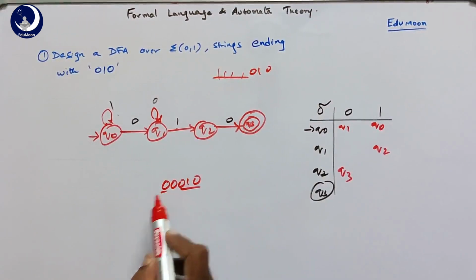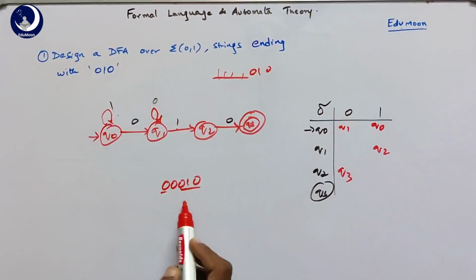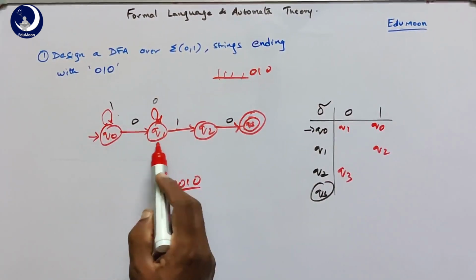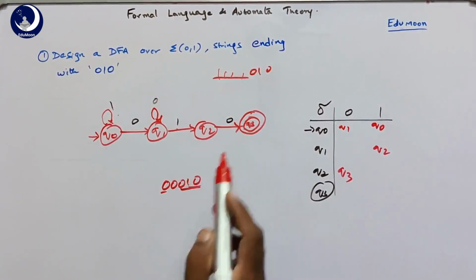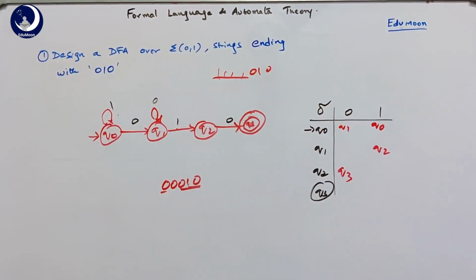For the first 0, we come from q0 to q1, so the two remaining zeros can be traversed in the same state, that is q1. So finally you get that 1 0 and move forward, right? So coming to the next state, it is q2.